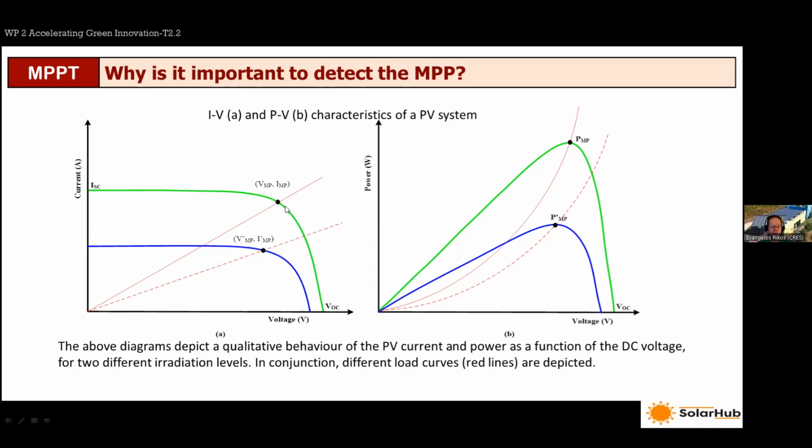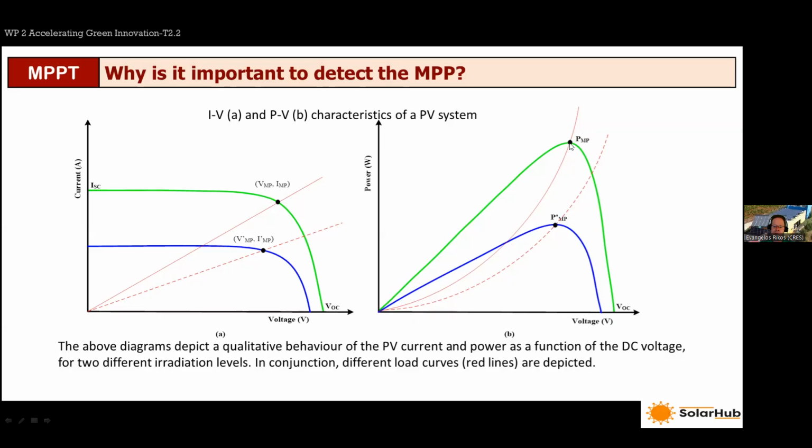And you have to select the virtual resistance of this load, or the slope of this I versus V line, in order to intersect the IV characteristic at the maximum power point here. If we interpret this in terms of power versus voltage, it's this curve.